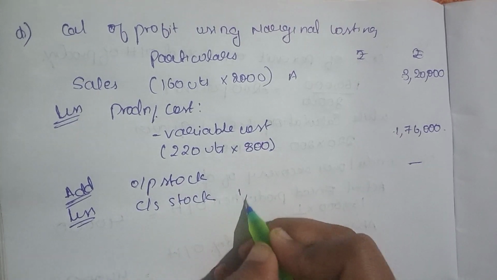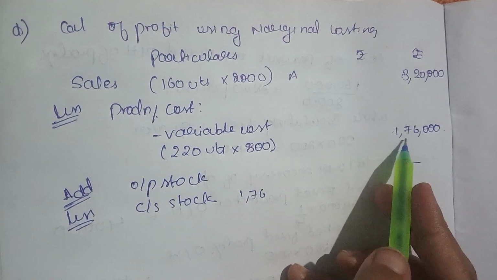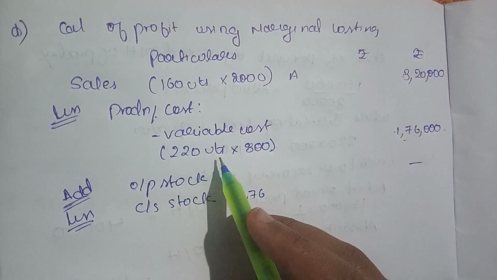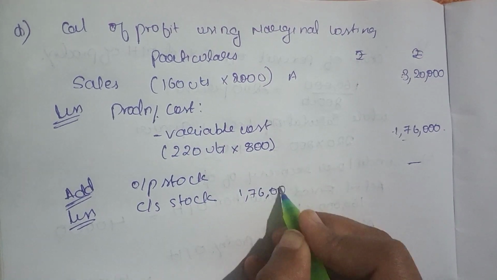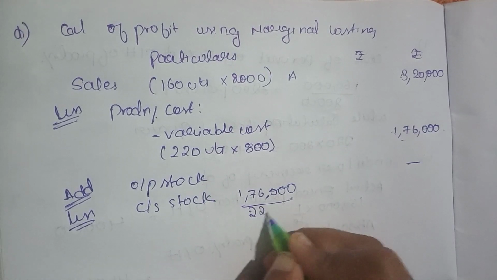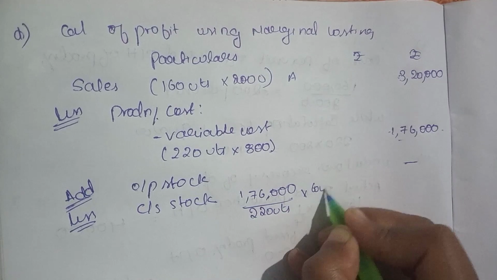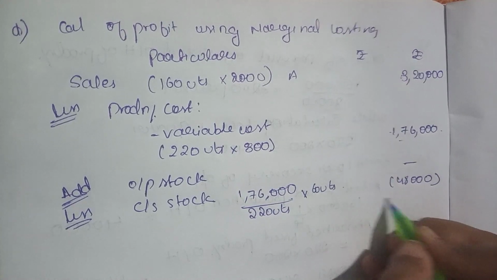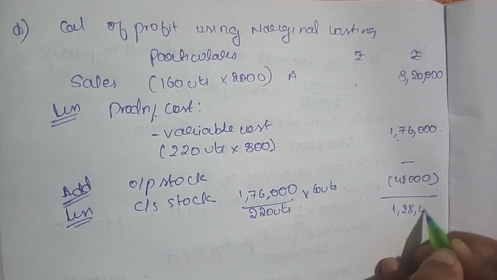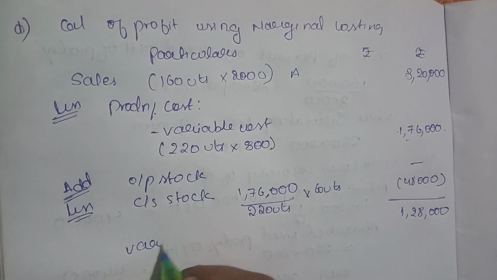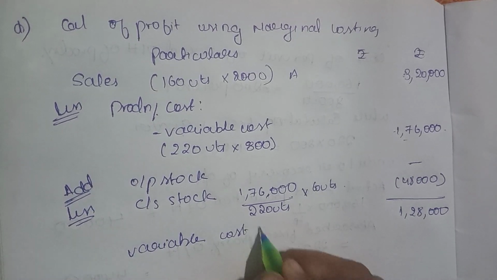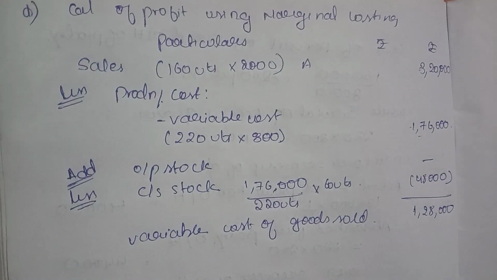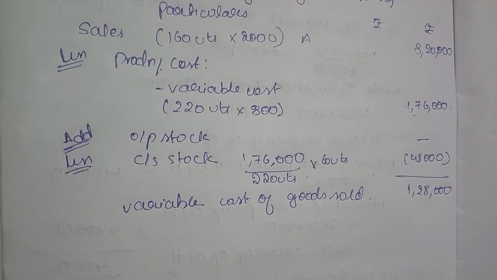Same calculation as you have calculated, but the amount there and here will change because we didn't include the fixed cost. So 1,76,000 divided by 220 units into 60 units, amount will be 48,000. Okay, if we minus that, it is 1,28,000. This will be called as variable cost of goods sold.